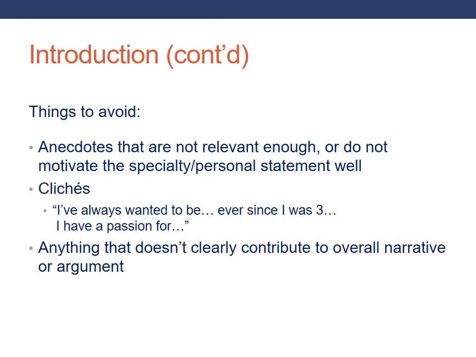So, to reiterate, you want to avoid anecdotes or other opening devices that do not lead into the motivation for choosing your specialty very well. Try to avoid cliched language like, "I have a passion for." This is a classic example of telling rather than showing.